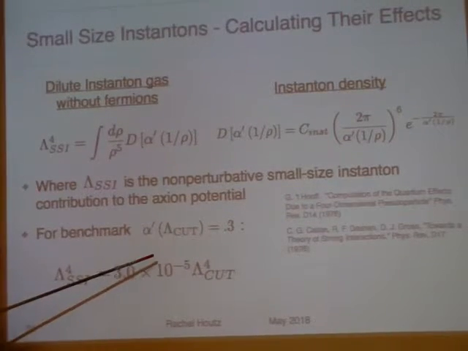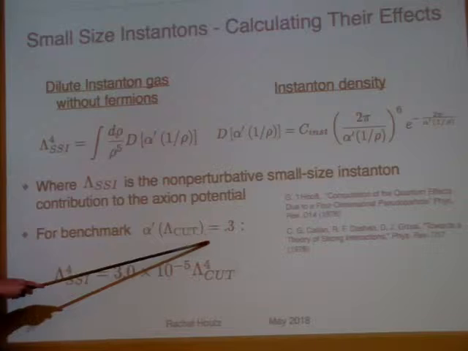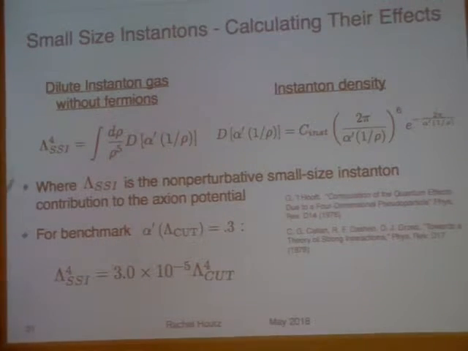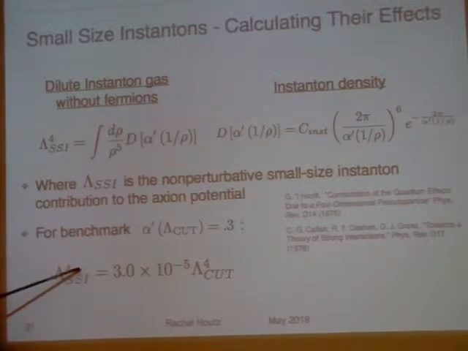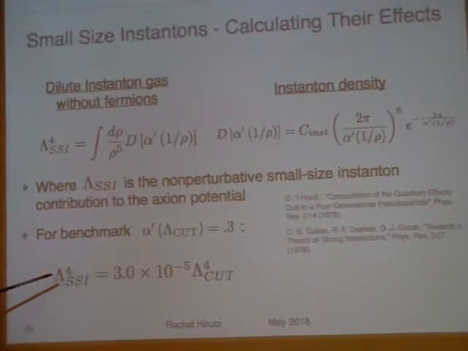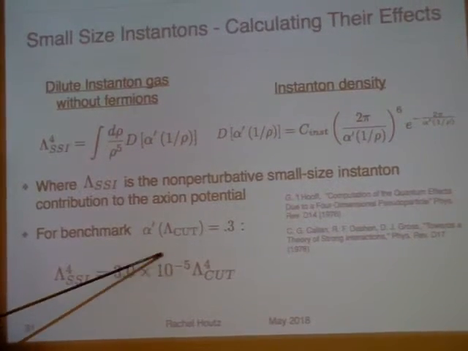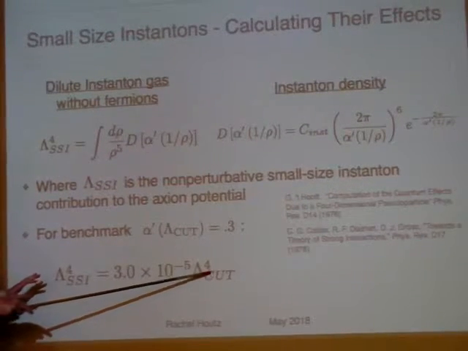And for our benchmark, which is the one I showed you for the RG flow, alpha prime at the breaking scale was 0.3. And in this first order approximation, you just do this calculation. You get that lambda SSI to the fourth is like 10 to the minus fifth times lambda cut to the fourth. So if you take the fourth root, lambda SSI is like 1 or 2 orders of magnitude less than lambda cut.